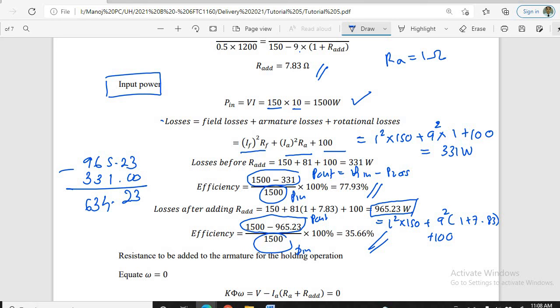Can you see? Previously the losses were 331, now the losses are 965.23, right? So there are high losses applied here. Therefore, when we add the resistance, it is not that efficient.